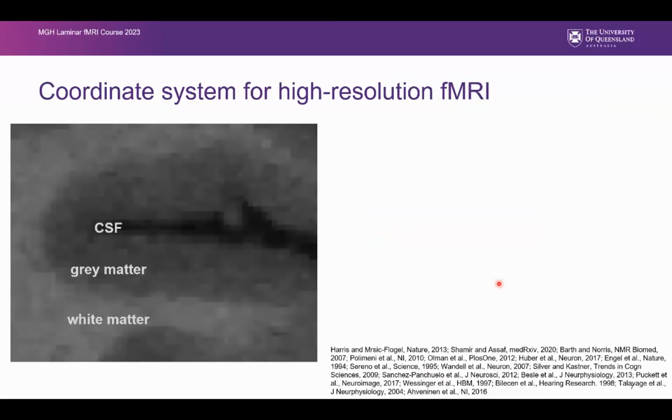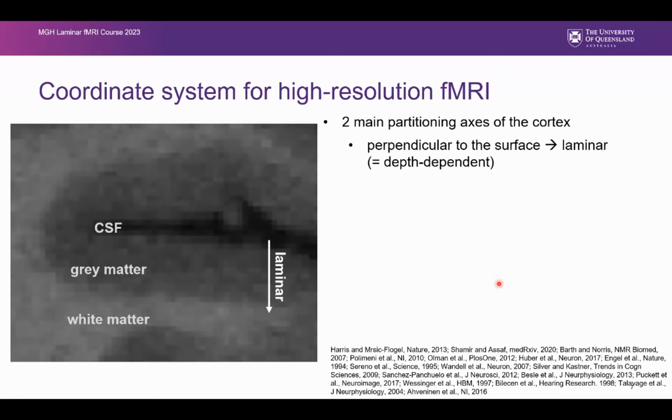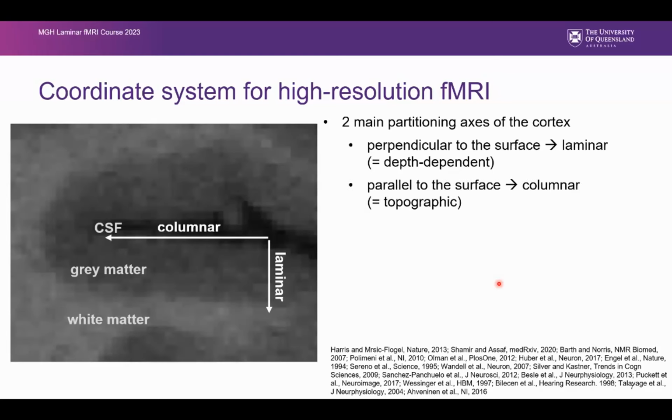But otherwise, what we're actually trying to get is CSF, gray matter, white matter. Based on that, we can draw our two main partitioning axes of the cortex. One is the laminar or depth-dependent direction, which is perpendicular to the surface. The other one is parallel to the surface, usually the columnar orientation.